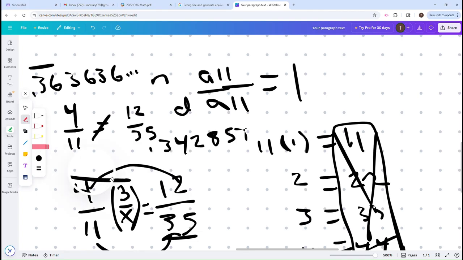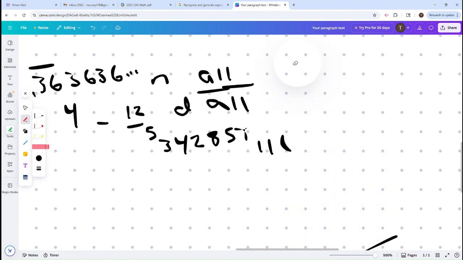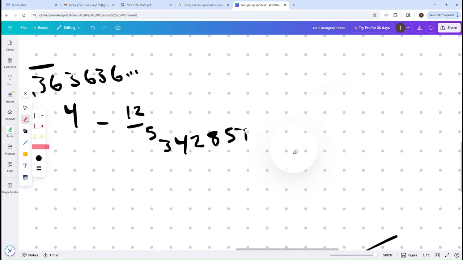So you can see, compare the decimals. 4 over 11 is 0.363636. This is 0.342857. Obviously, not equal. So that's the two ways you can determine if two fractions are equivalent.